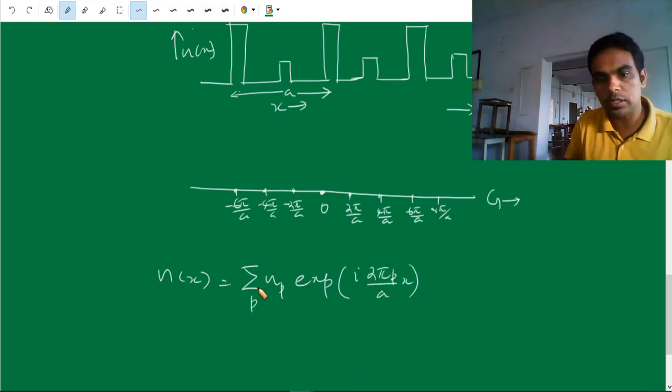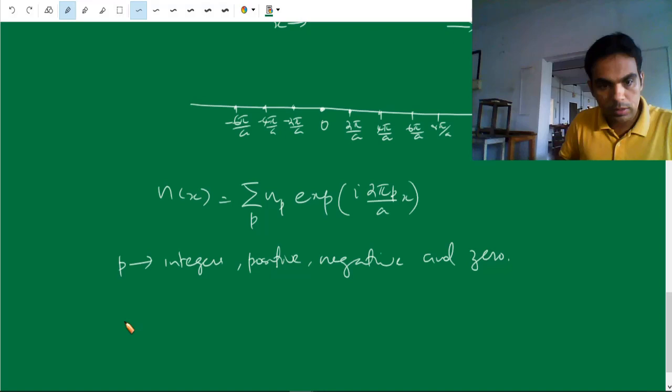Here the summation is for all integers, positive, negative, and 0.